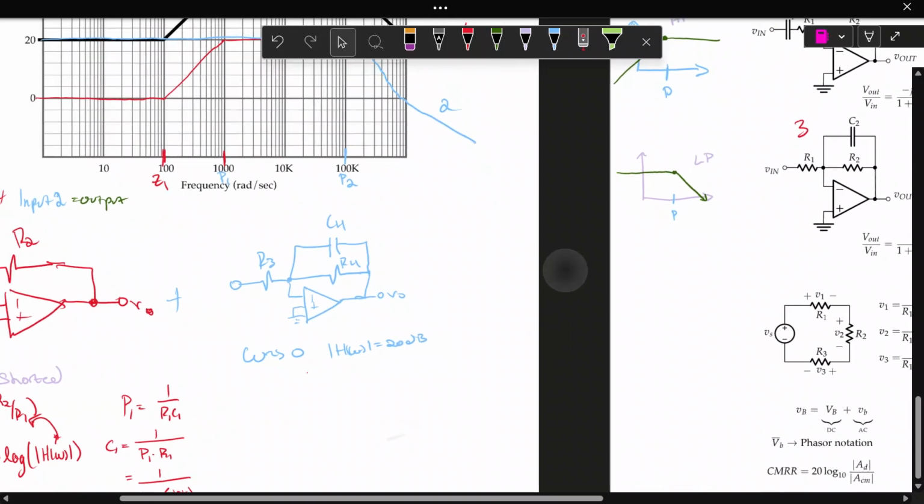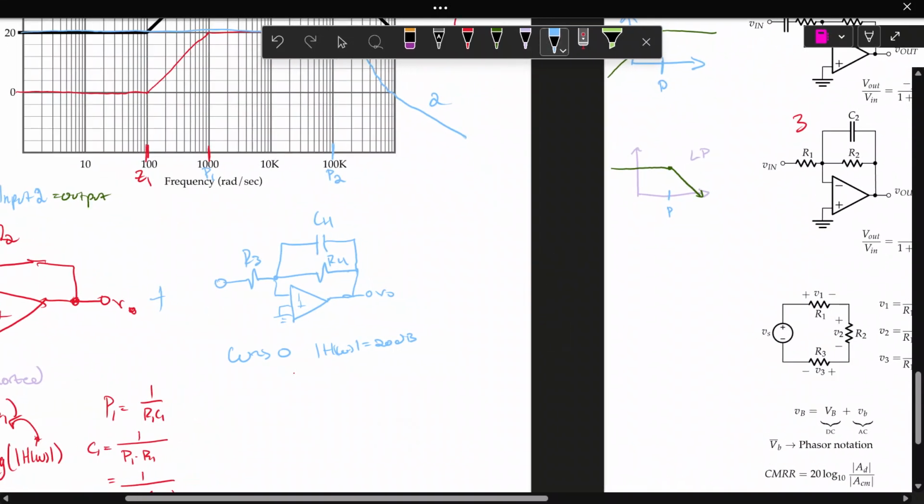Now let's look at our transfer function here. When omega approaches 0 in our circuit, the C4 capacitor will open, and we're left with an inverting amplifier. Our H of omega for our inverting amplifier is negative R4 over R3.